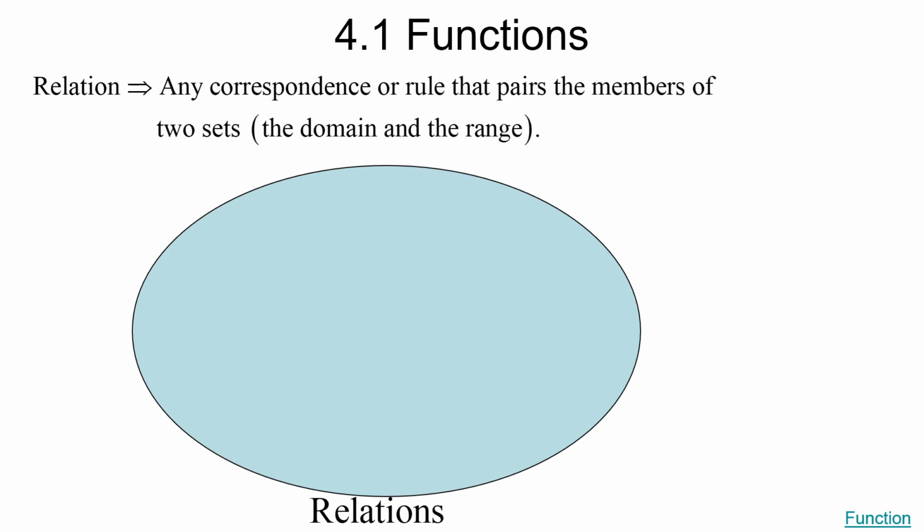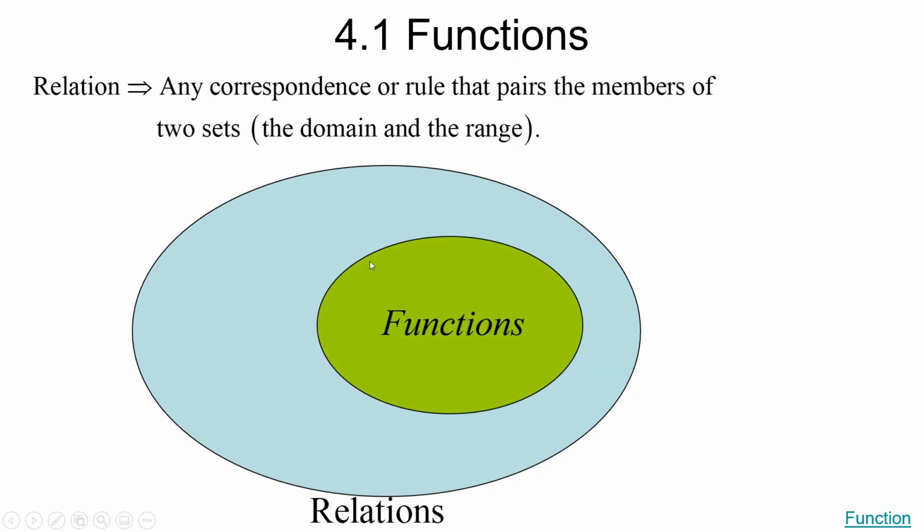Because doesn't a function take an element in the set D and turn it into an output, which is an element in the set R? So, how is a relation different than a function? Well, what's happening here is a function is nothing more than a subset of the set of relations.